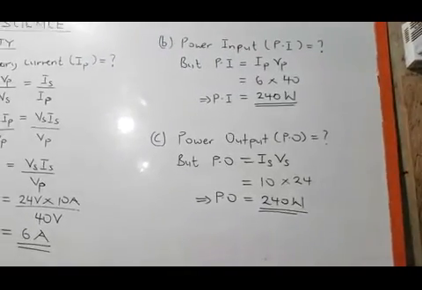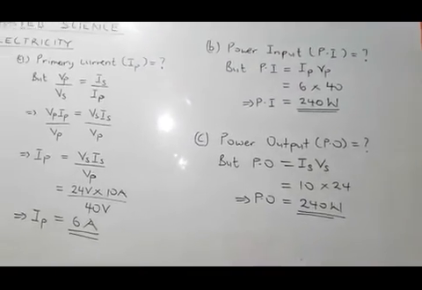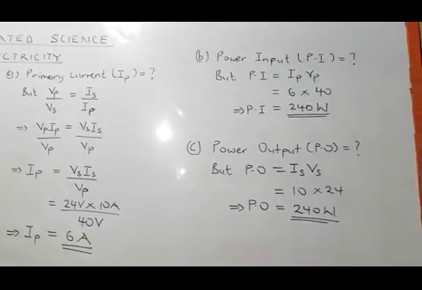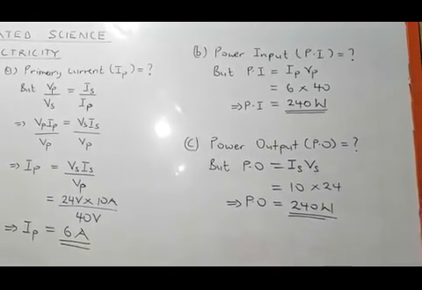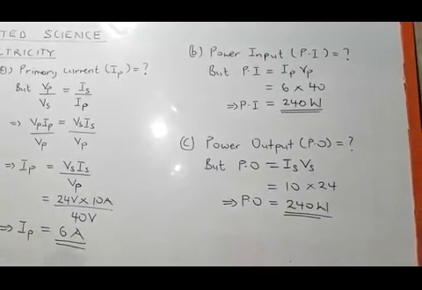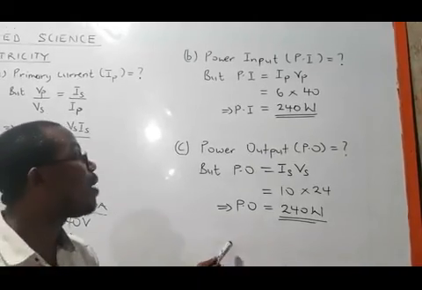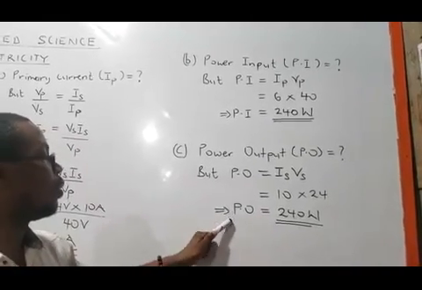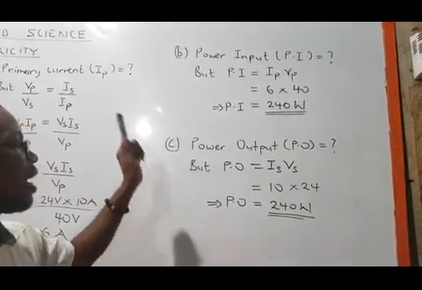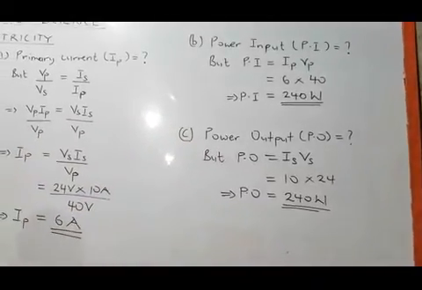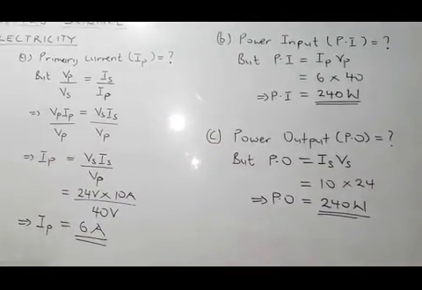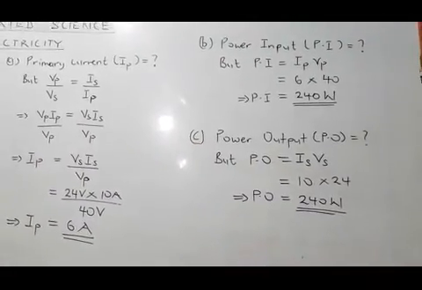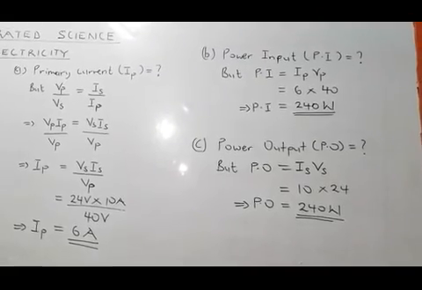But in most transformers there are energy losses, so hardly will you calculate efficiency to be equal to 100%. In most cases, your power output will normally be lower than the power input, and therefore the efficiency will also be less than 100%.